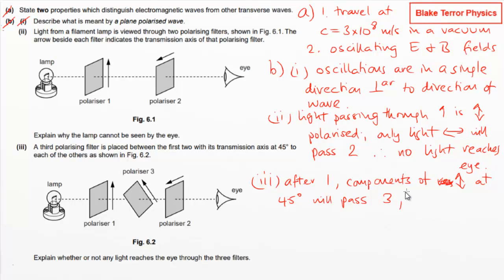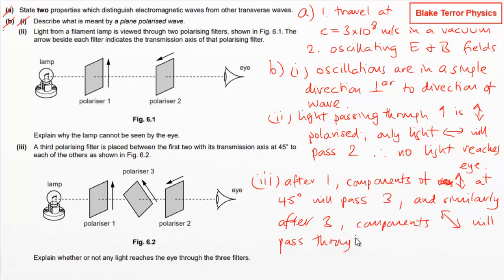And then we can say the same thing again, that components of what has passed through 3, at 45 degrees, so this is now off to the side, will pass through polarizer 2.